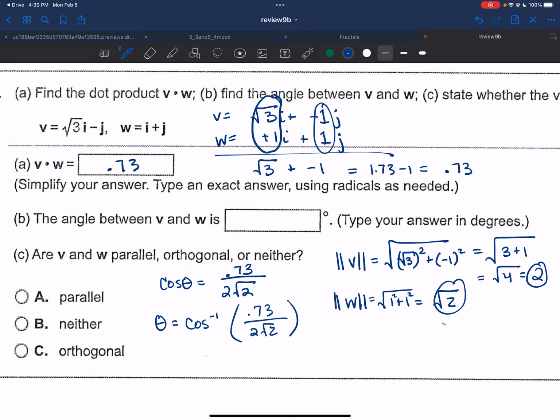So let's go ahead and get that done. Give me a second here. I'm pulling it up on my calculator. All right, so the inverse cosine of 0.73 divided by 2 root 2.